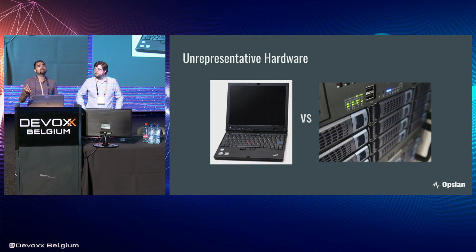So for example, if production is a 24-core CPU, you're far more likely to actually encounter concurrency-related issues like lock contention and deadlocks and such like on that environment than you are on a 2-core or maybe 2-thread, 4-thread laptop CPU.